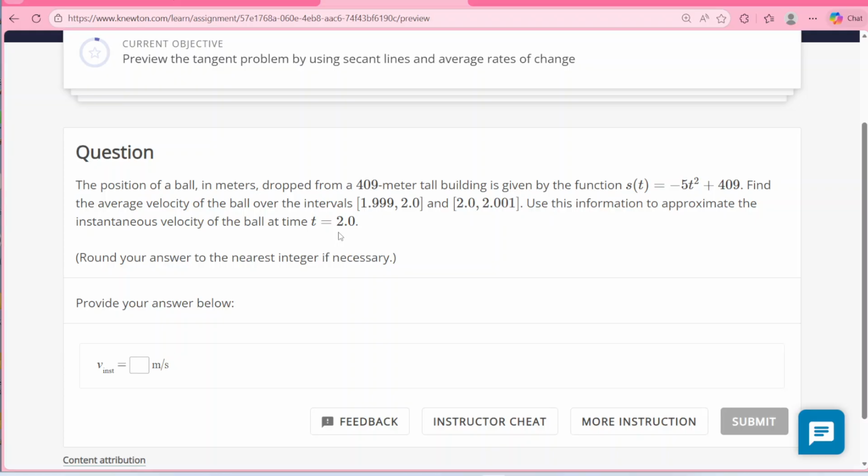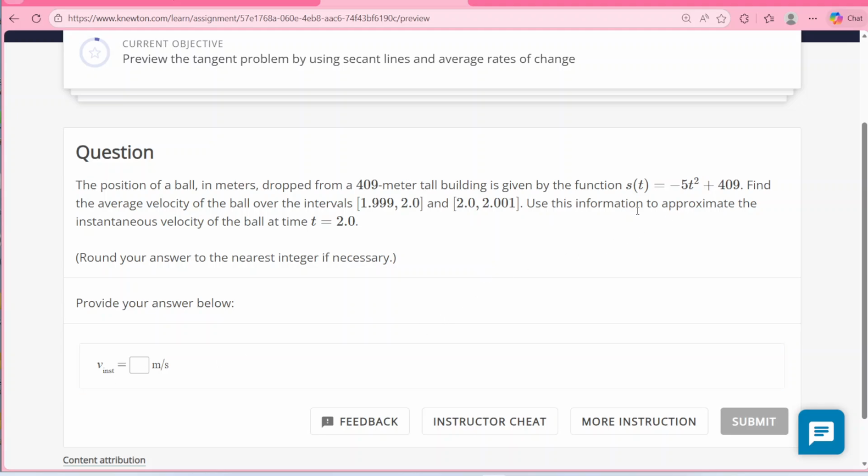It's not from 2 seconds to 4 seconds. It's at 2 seconds. What is the speed or velocity of this ball? So again, we're going to use some secant line slopes to get an approximation of the tangent line slope, the instantaneous rate of change.